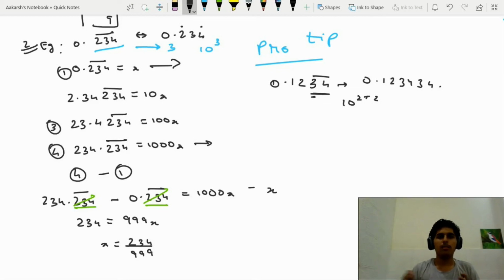So the pro tip is you can multiply by the power of 10 matching the number of digits getting repeated and try. If not, try something else. I'm sure you'll definitely get to it. And once you get the knack of it, it will be extremely easy to convert any recurring decimals to fractions, and you'll no longer need a calculator for that.